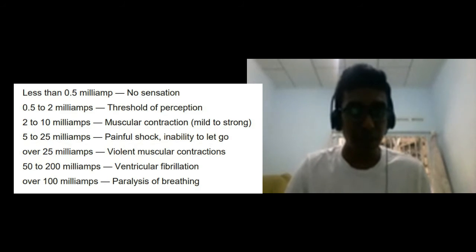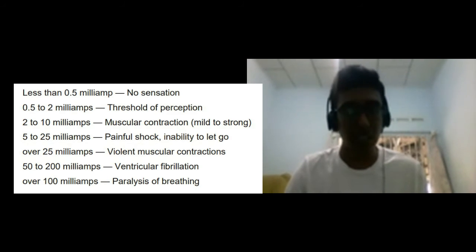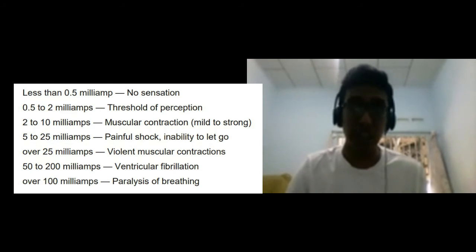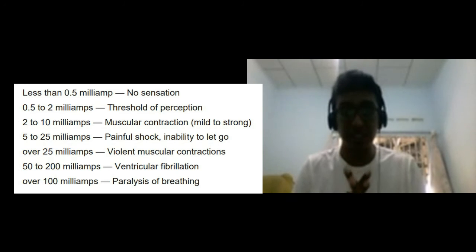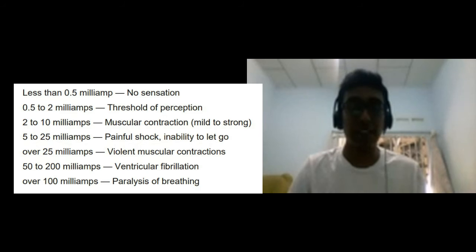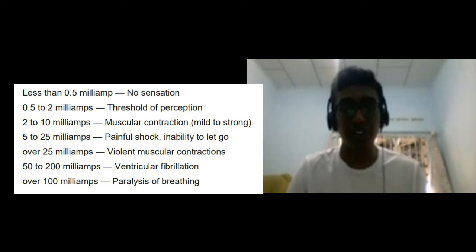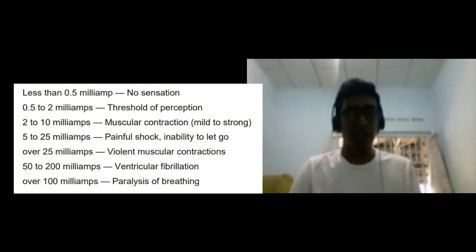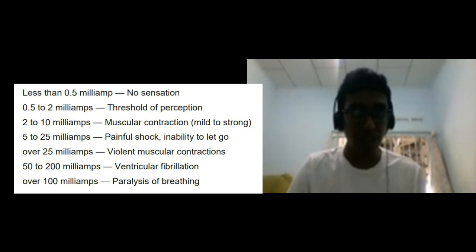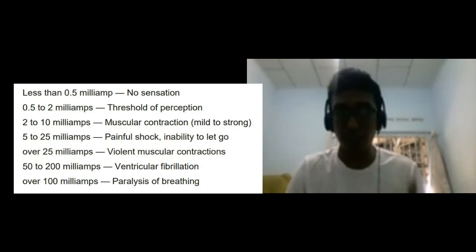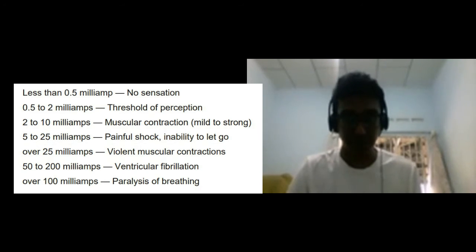After that, 5 to 25 milliamps, there will be painful shock and inability to let go, where you'll get stuck to the circuit. Over 25 milliamps, violent muscular contractions can also occur, while 50 to 200 milliamps means ventricular fibrillation. After that, there is also over 100 milliamps, where paralysis of breathing can occur.